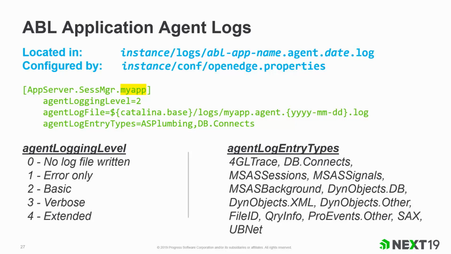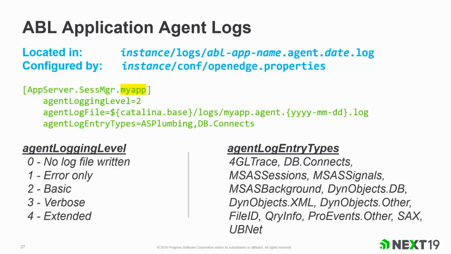And there, you've got agent logging level, which can be error, basic, verbose, extended, or off. And then you've got a template that says what the file name looks like. And I'm going to talk about a piece of that in a second here.